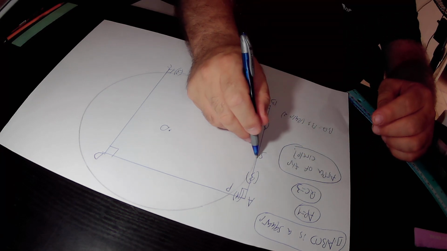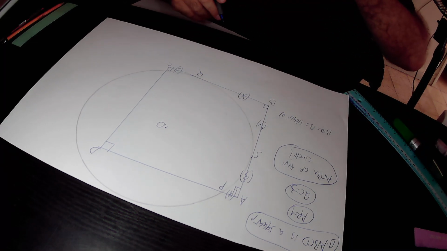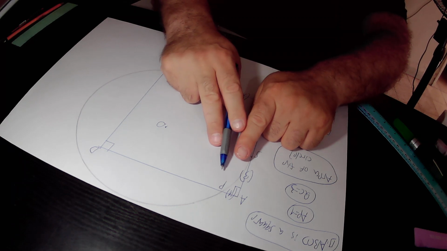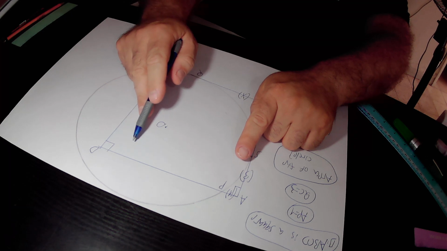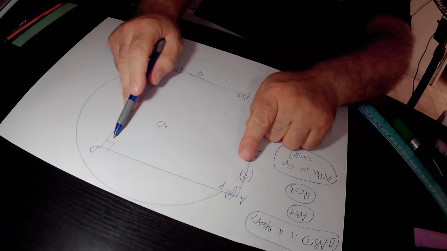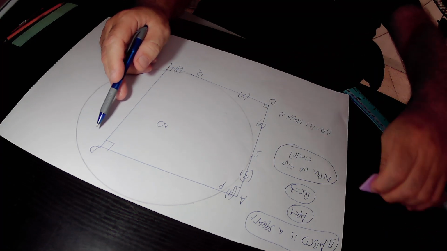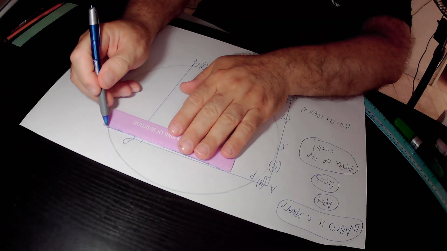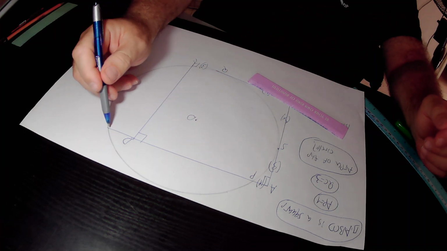Tangent AS touches the circle at point S. And we also have line segment PD. We'll extend side AD of square ABCD by a straight line until it touches the circle. And we'll define the touching point of the extended side AD with this circle. This point is point M.